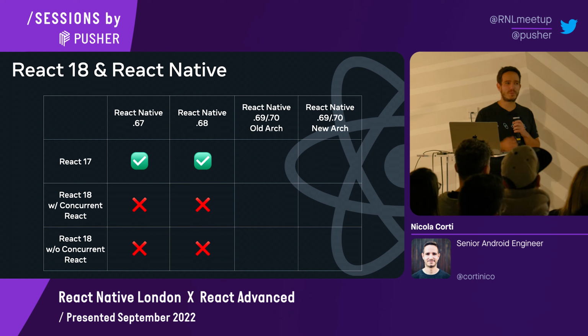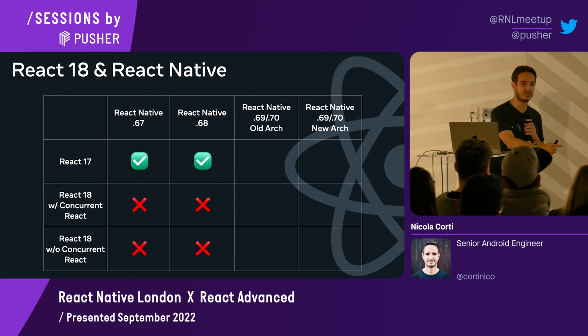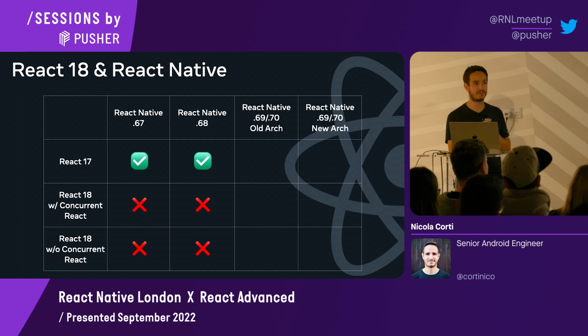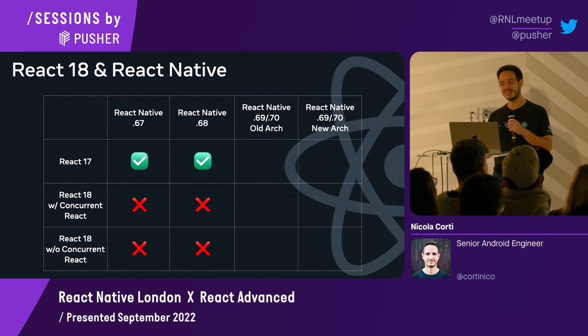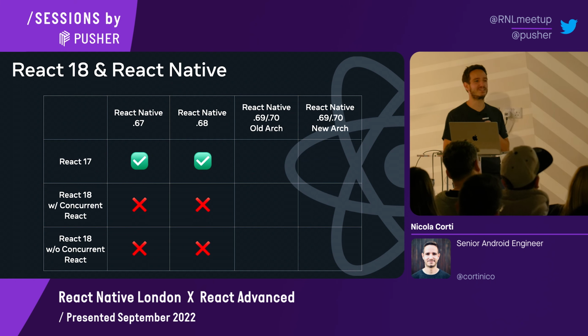You can't go in your package.json and change the React version. Well, you can, but you will still be running React 17, because React Native rebundles React and ships that for you. So every version of React Native decides which version of React to use. The first version of React Native which uses React 18 is React Native 69.